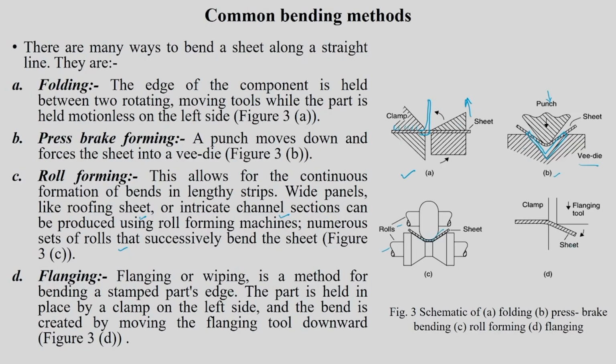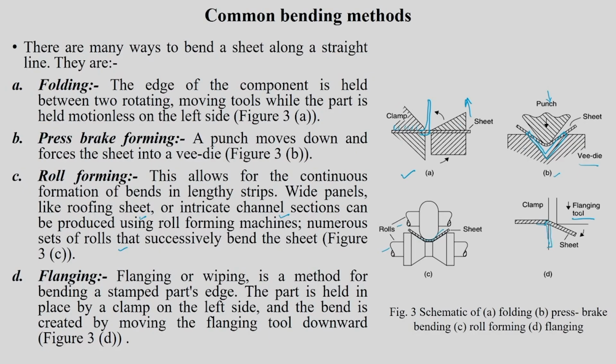This D type is called flanging, and it is a relatively well known method. Like in piercing you have a cutting die, right? Instead of that you have just a flanging tool, and it is not going to cut the portion in the bend region, it is just going to bend it. It is not going to really shear cut the sheet, rather it is just going to bend it, and you will see that finally you are going to make an L-shaped component like this.